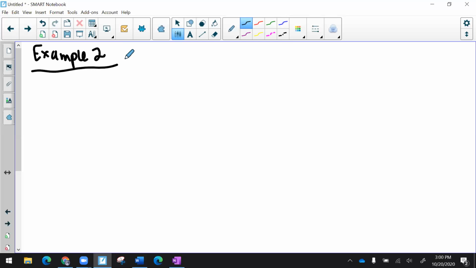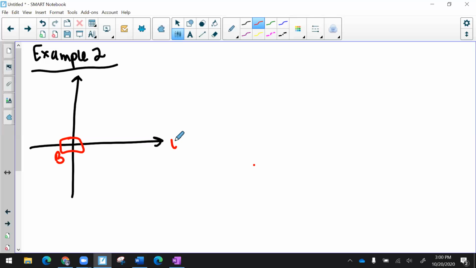Draw a picture, okay? And because I want the velocity of A relative to B, when I draw my picture, I'm going to put ship B at the origin. I'm also doing that because I'm told where ship A is with respect to ship B. And I could put ship B someplace else, but why make my life complicated?